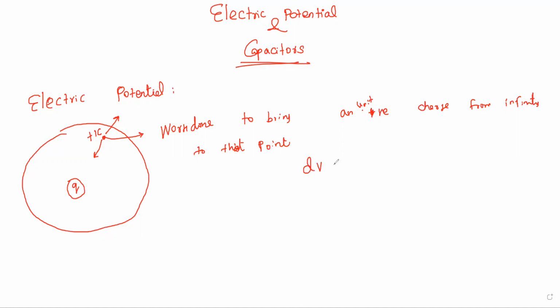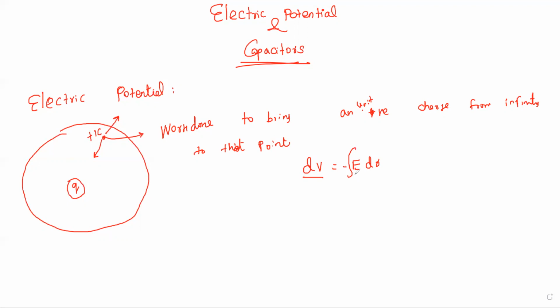So basically we can write dV equal to minus E dr, integration. Why do we need to do the integration here? Because dV is the work done for unit coulomb charge. The basic formula for work done is force into displacement.